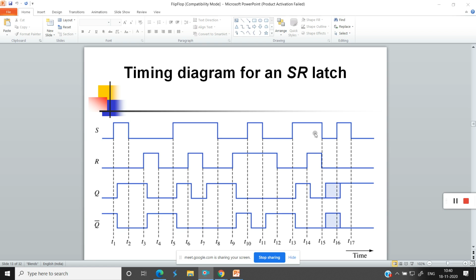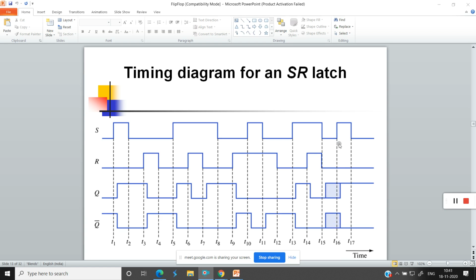Next, you can see here at time instant t15, both are returning to 0 simultaneously. So Q does not know which state it should be in, because S and R are returning to 0 simultaneously. At this point, the latch does not know whether it should be in the 0 state, the 1 state, or the metastable state.